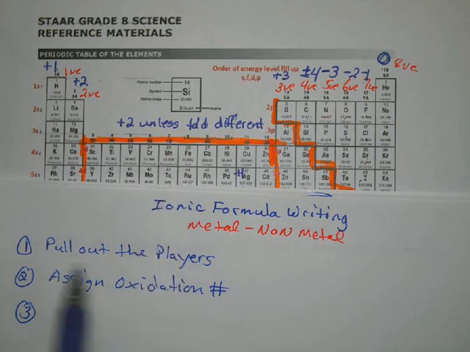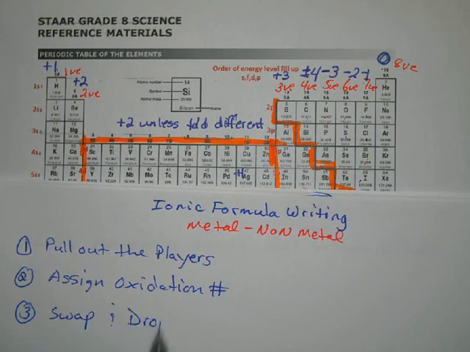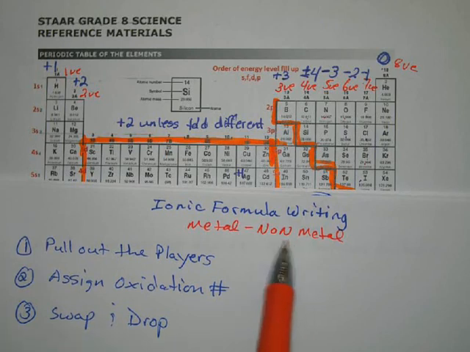So we pull out the players, we assign oxidation numbers, and finally, we swap and drop. Okay? We swap and drop. So there you go. You pull out the players, you assign oxidation numbers, and you swap and drop. Now, one big thing you got to remember, the nonmetals here, you have 2 options for nonmetals.